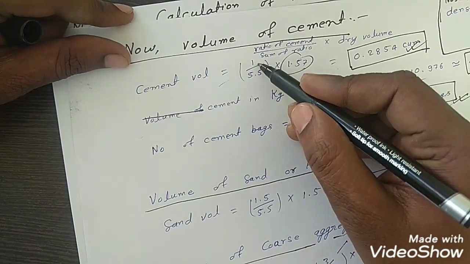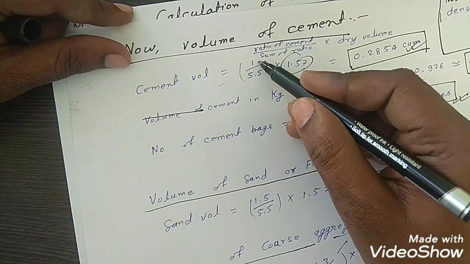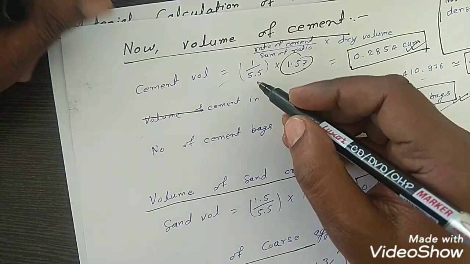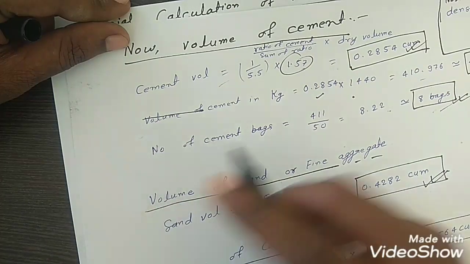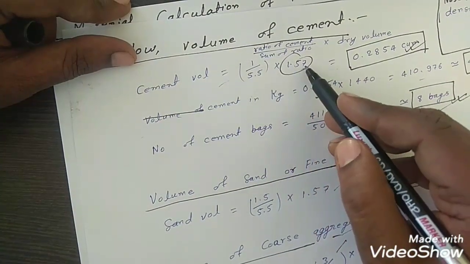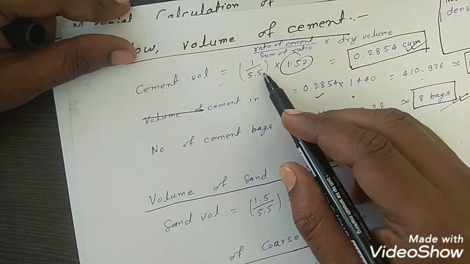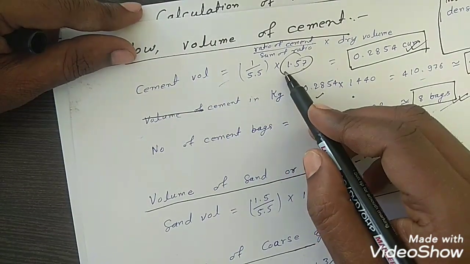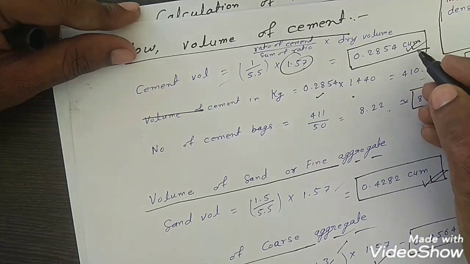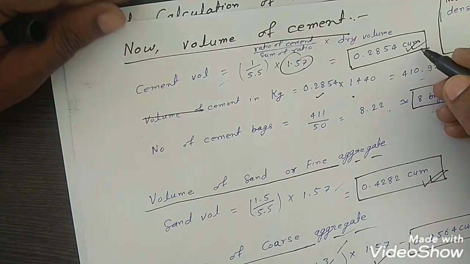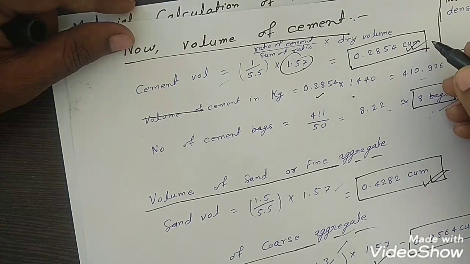So here we put 1, the ratio of cement, 5.5, the sum of ratio we calculated, and multiply by dry volume. So it will be 0.2854 cubic meter. The volume comes in cubic meter.